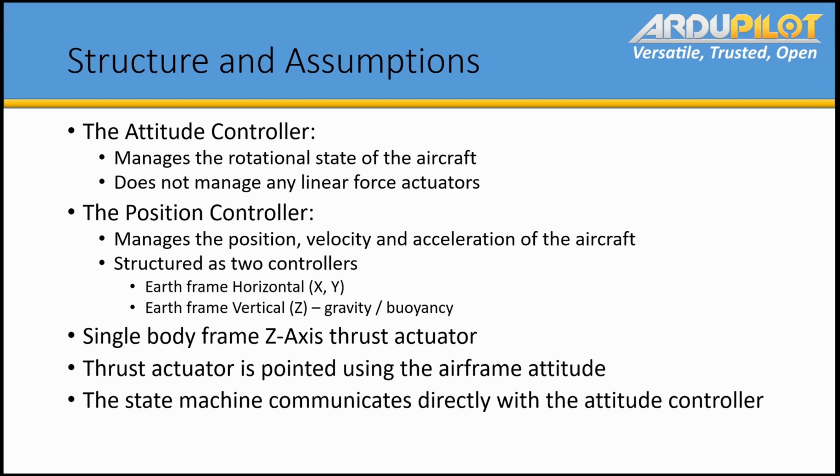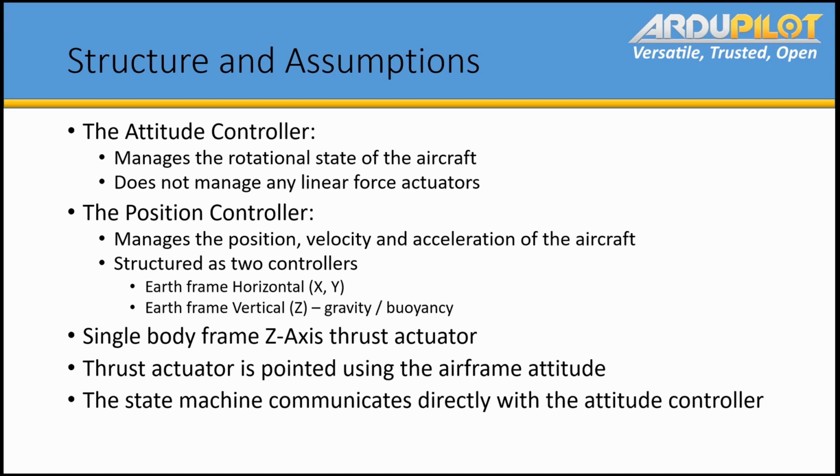Fundamentally, we've got one linear actuator and three rotational. It's a 4-DOF system, one linear in the Z body frame and 3 rotational. Now, the position controller purely works in lateral. It's got no rotational, it doesn't need to know its position, velocity, acceleration, X, Y, Z earth frame.